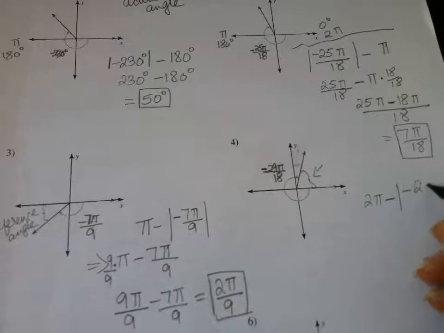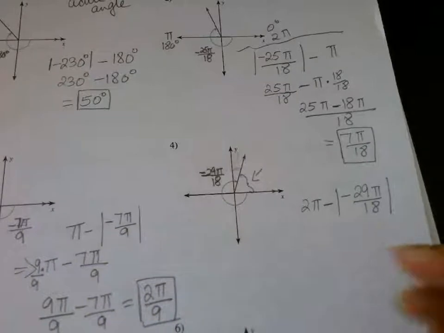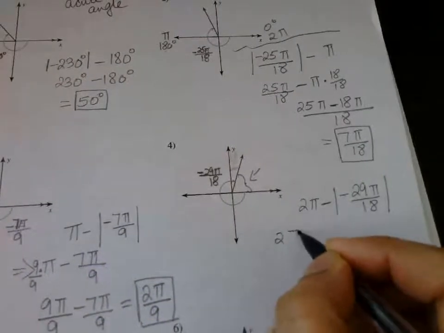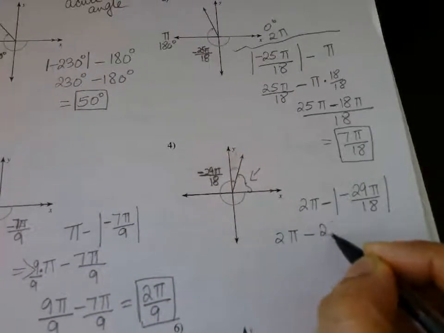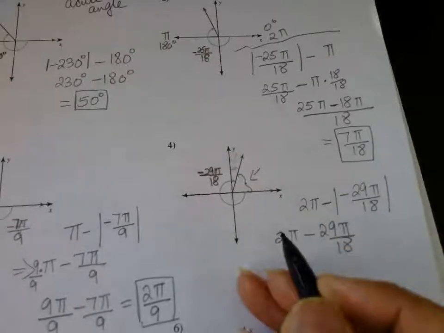It is negative 29 pi over 18. Let's take this out of the absolute value bar. So 2 pi minus 29 pi over 18.